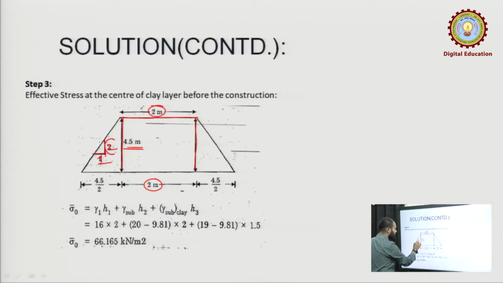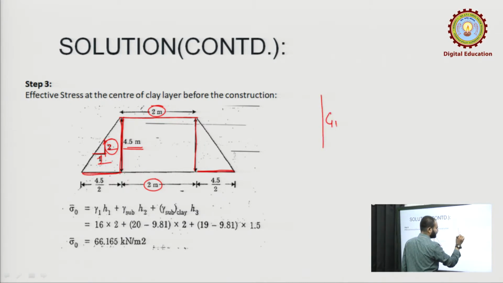Now for 2 vertical, 1 horizontal is to be drawn. So directly we can say that 4.5 by 2 will be this much, here also 4.5 by 2. Means for 4, if it was only 4, 2 would have moved. But there is 4.5, so it will be 2.25, half of this and half of this.